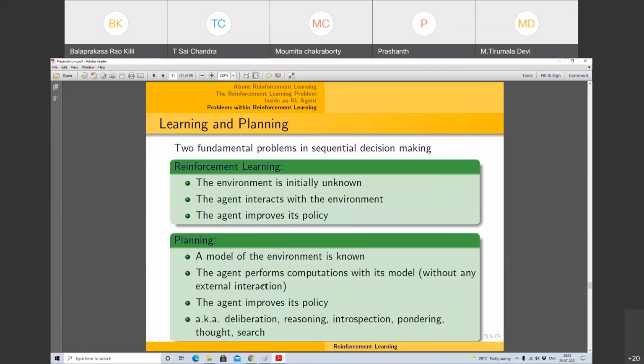Similarly in planning, the environment is known to you. The agent will not interact with the environment. It will do some computations, that means it will solve some mathematical equations using the available model. Then it will come up with the policy and simply follow it. That is the difference between planning and reinforcement learning.